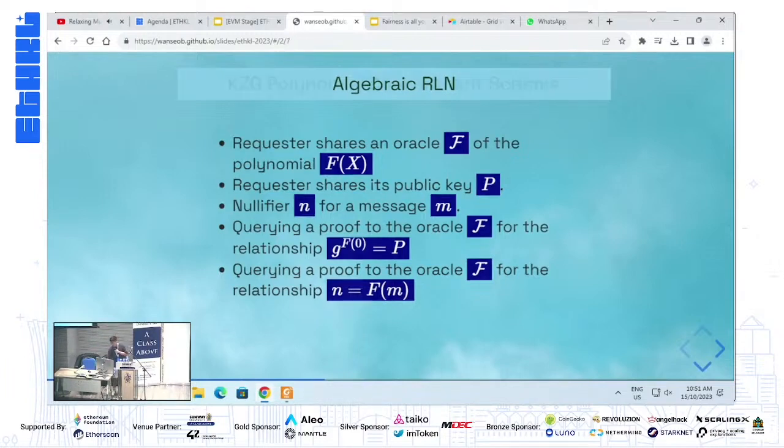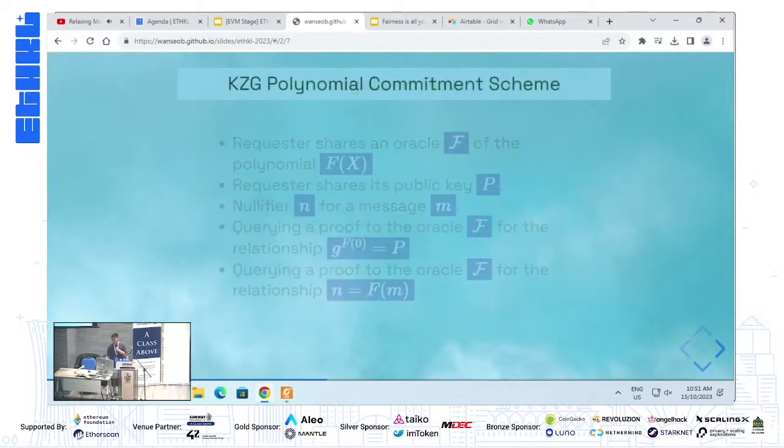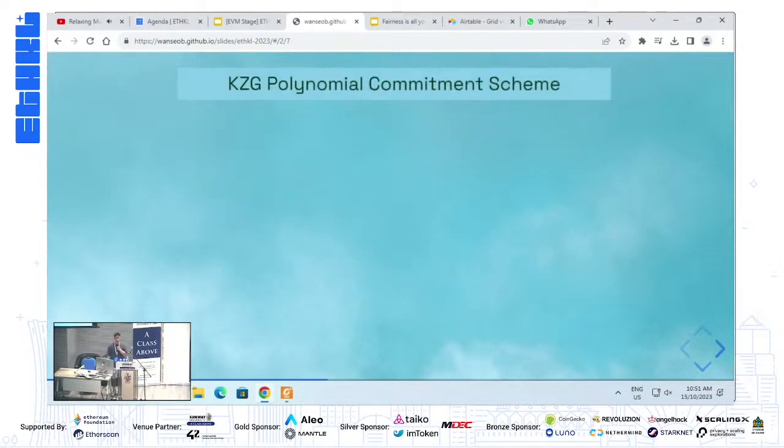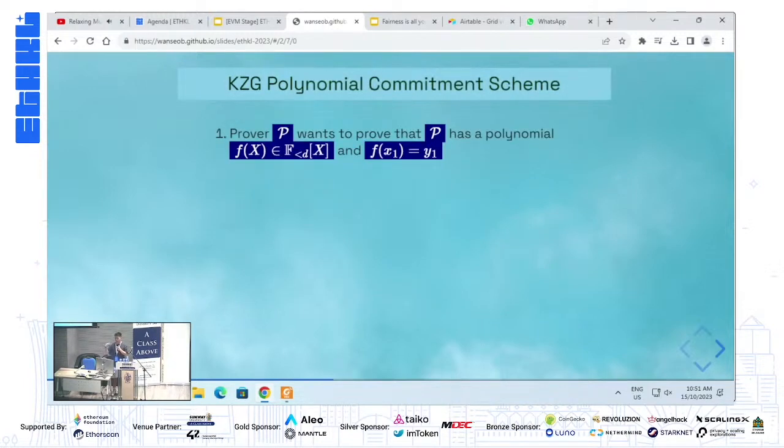This is all about the polynomial relationships. And we can prove this using a KZG polynomial commitment scheme. This is used when a prover wants to prove that they have a polynomial and its evaluation value at x1 equals y1. How to prove that?